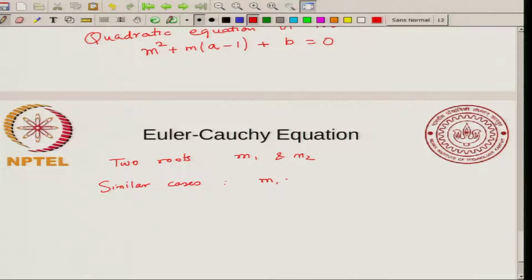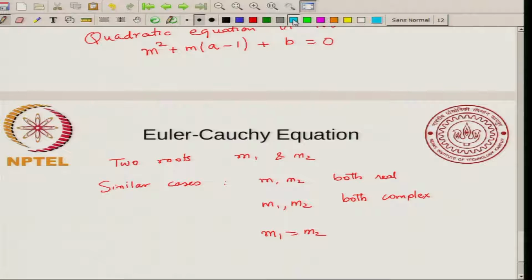m1 and m2 can be both real, or both complex. Complex means they have both a real and an imaginary part. Or you can have m1 equal to m2. So, these are the three cases, and I will not do this explicitly, but you can see in which case you would get each of these.